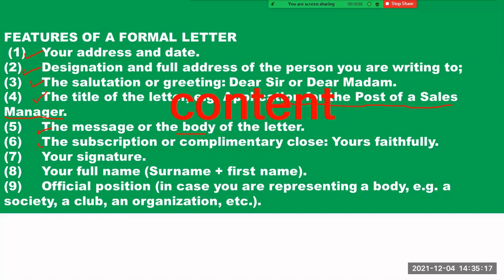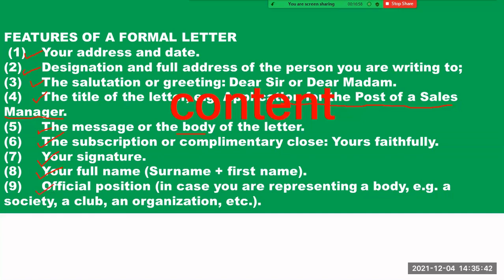Then after that, you have the subscription or complimentary clause. In a formal letter, it's usually yours faithfully. After yours faithfully, you have your signature. This is followed by your full name. Normally, you start with your surname first, then followed by your first name.